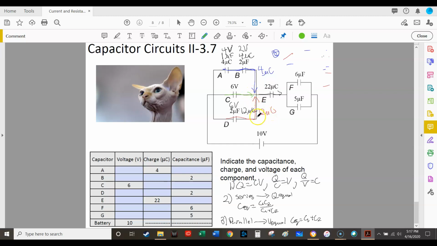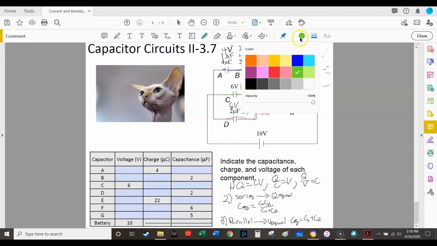So 12 microcoulombs going up, joining up with 4, are going to be equal to 22. Well, whatever green is, it's going to be 22 minus 12 minus 4. So 22 minus 16, what is that? 4 plus 2, so that is 6 microcoulombs, right? And so now I'm going to change this back to black.